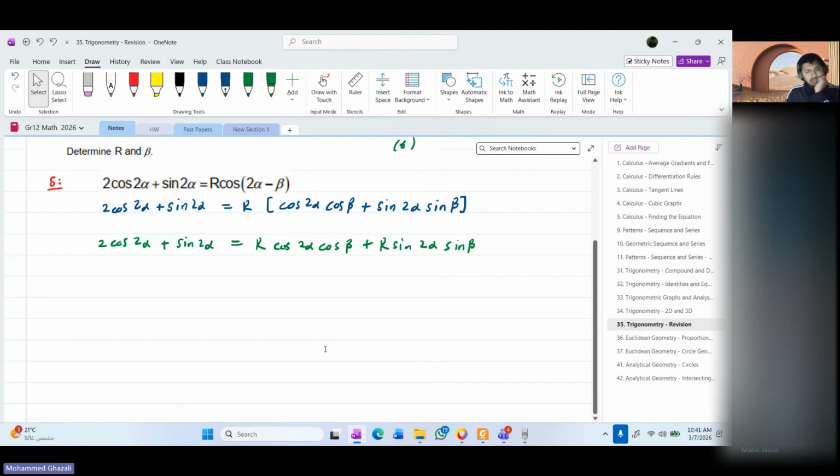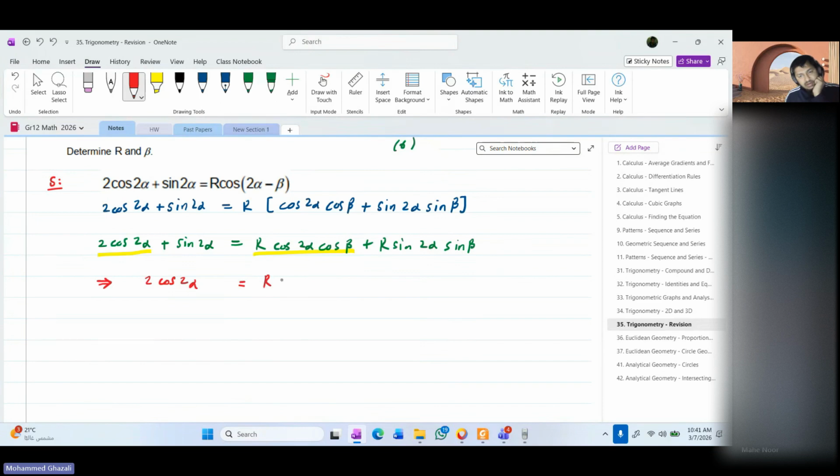Now what we're going to do is equate the coefficients of this part with this part, and equate the sine 2 alpha with the sine 2 alpha part. So we say 2 cos 2 alpha is equal to R cos 2 alpha cos beta.